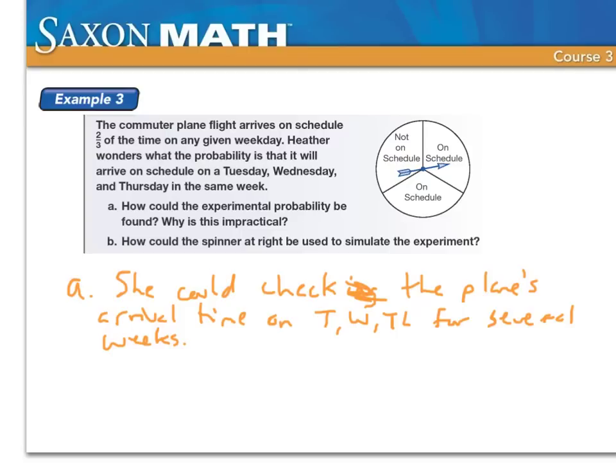And again, the more weeks she does it, the better answer she's going to get. So why would this be impractical? Impractical means why would it be not a good idea, or why would it not work very well? Well, the answer is that she's got to do this every Tuesday, Wednesday, and Thursday for a lot of weeks. That's just going to take a really long time. So it's impractical because the experiment would take a long time.